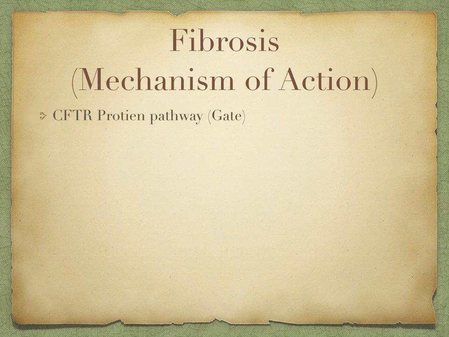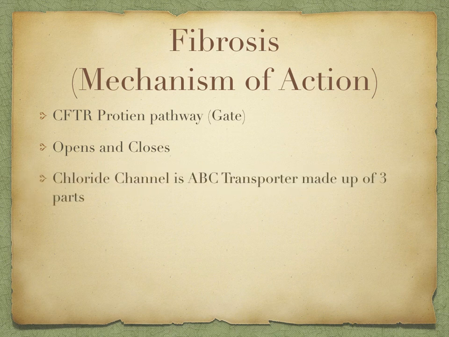Moving on to the CFTR protein pathway. It acts like a gate, and it opens and closes with ATP, and when things are running smoothly, it's all good. This ATP binding cassette transporter, this ABC transporter, is made up of three main parts.